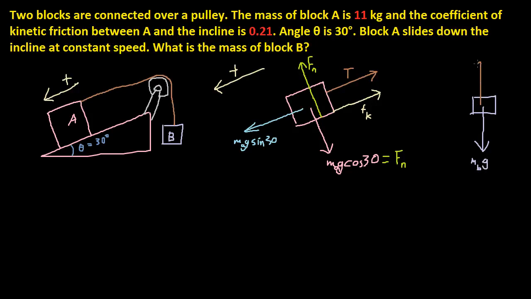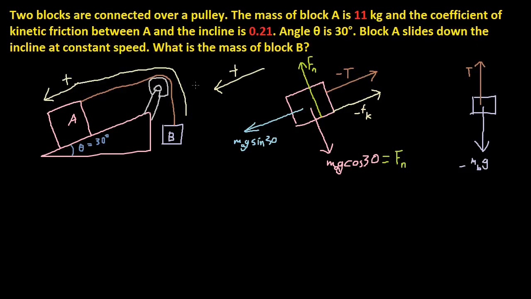This is positive, and this is negative, because we have to look at the diagram. If you go this way, then it's negative. This is positive, and this tension is positive. So let me label it. So we have our free body diagram.